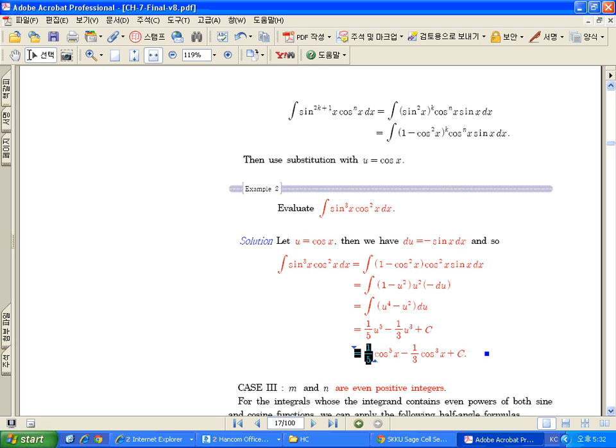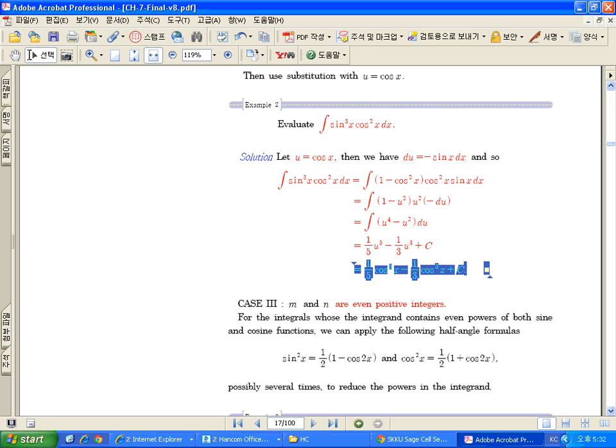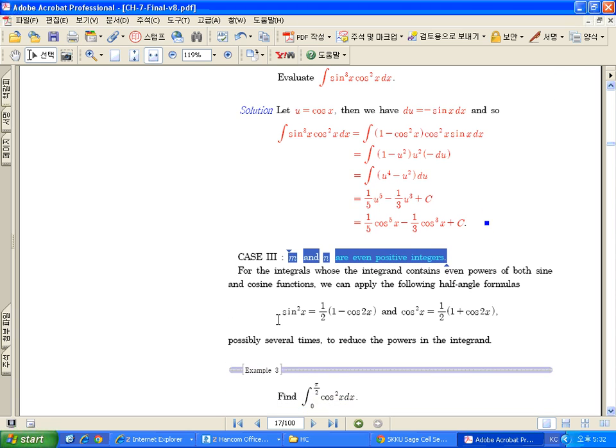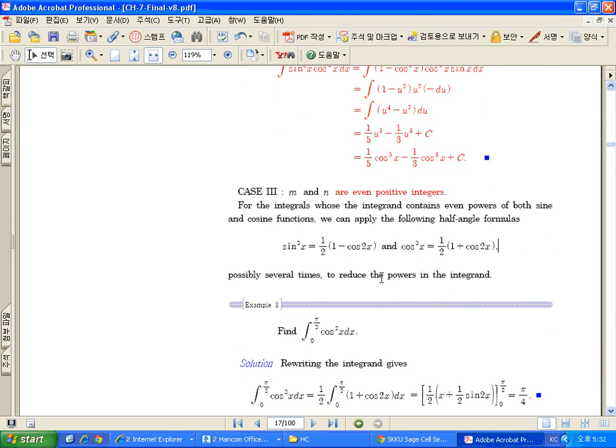Okay? If m and n are both even positive integers, then this substitution should be used: sine square x is equal to 1/2 times 1 minus cosine 2x, and cosine square x is equal to 1/2 times 1 plus cosine 2x. These are the half angle formulas.